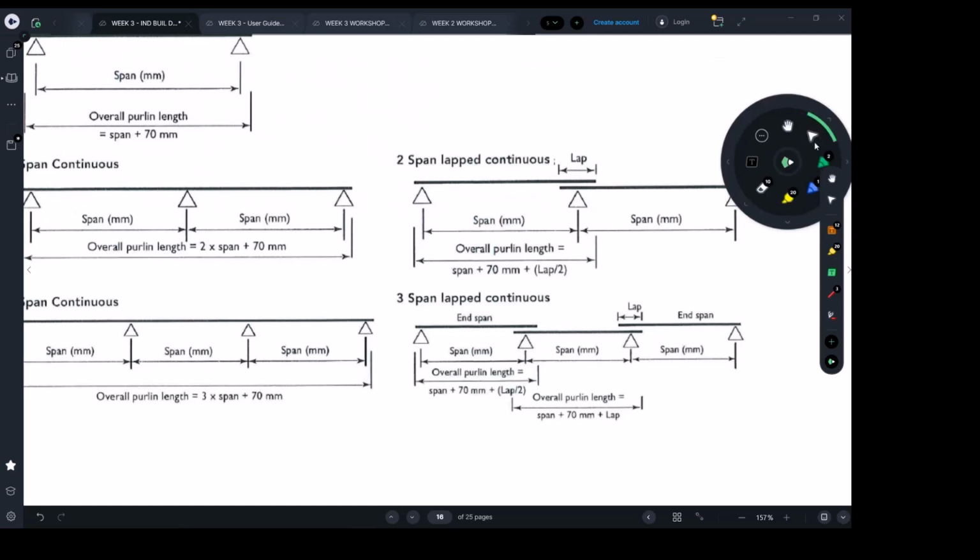Let's do this exercise. The span is equal to 6 meters. And I will tell you in the question that you are not able to bring more than 7 meters or 8 meters long purlins, because transportation does not help you there.